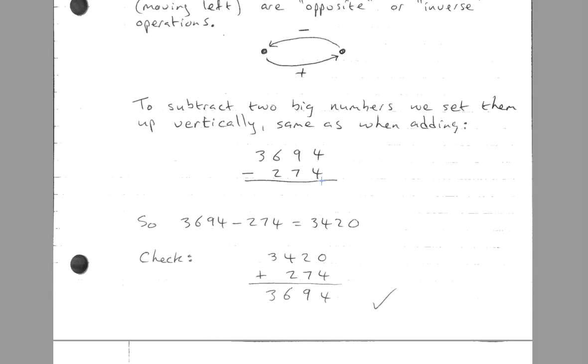So 4 minus 4 is 0. 9 minus 7 is 2. 6 minus 2 is 4. And what's happening over here? You could think of it like a 0 here. There are no thousands, so 3 minus 0 is 3.